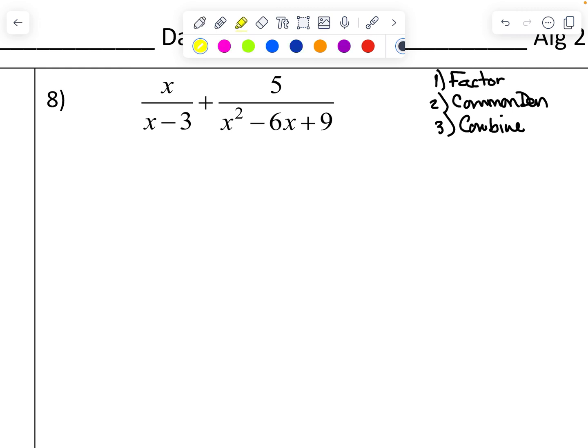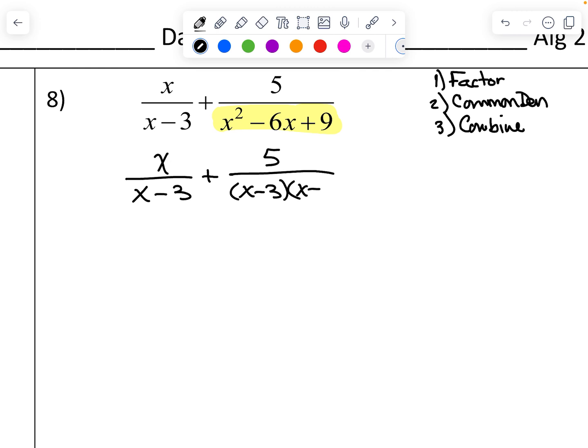And you're like, what are we factoring? This right here is factorable. So if that right there is factorable, this stays what it is. And this becomes x minus 3, x minus 3. Get a common denominator.